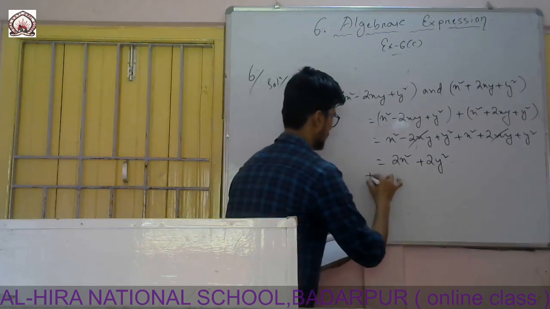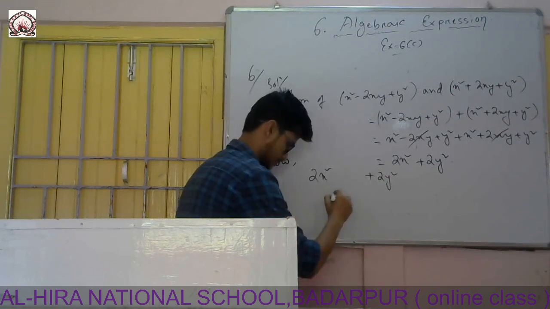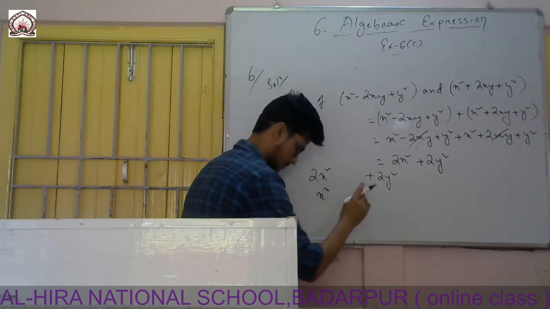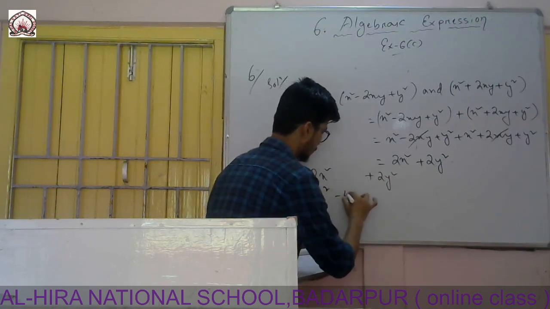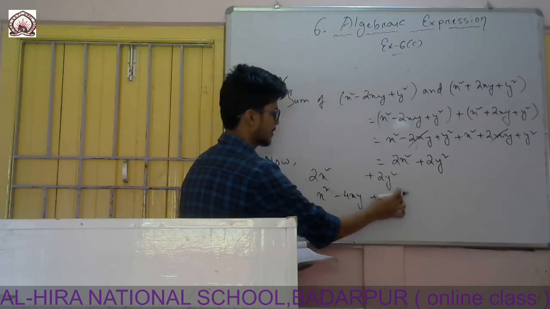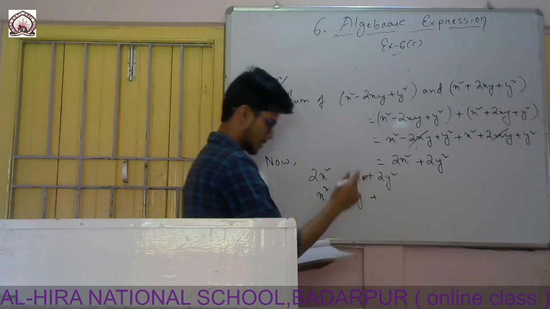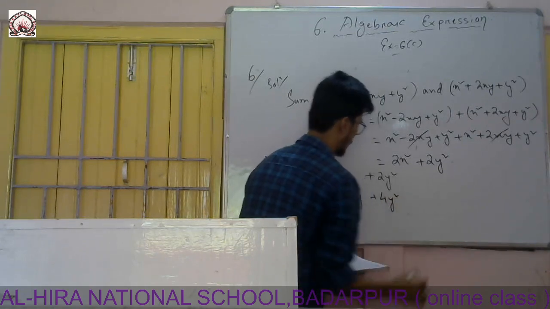I leave some space there, I will write 2y square, and there the third expression I will write here as x square, it is given, minus 4xy. That's why I left this space to write this one. I have to simply put the same variable in the same column. So there it will be plus 4y square.